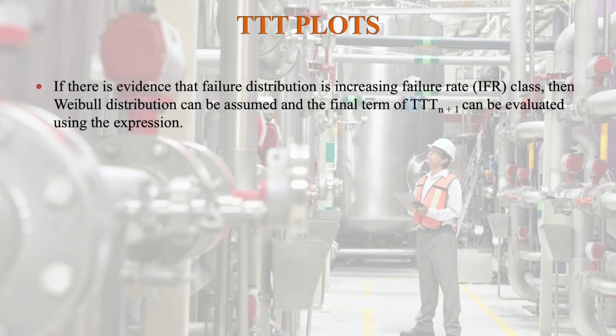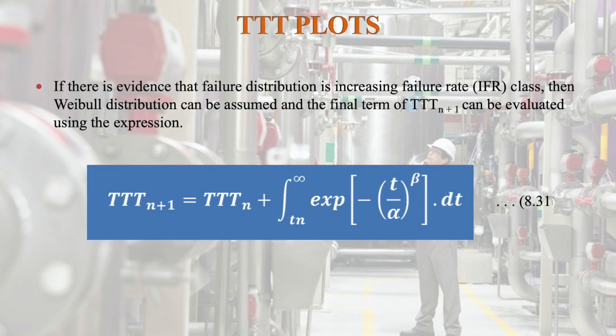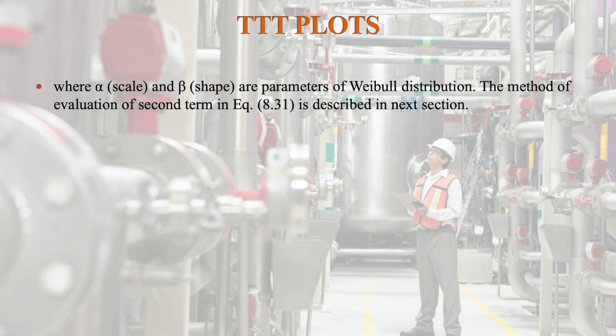If there is evidence that the failure distribution is in the increasing failure rate class, then a Weibull distribution can be assumed and the final term TTT n plus 1 can be evaluated using the expression TTT n plus 1 is equal to TTT n plus the integral from Tn to infinity of exponential minus (t by alpha) to the power of beta dt, where alpha (scale) and beta (shape) are parameters of the Weibull distribution.